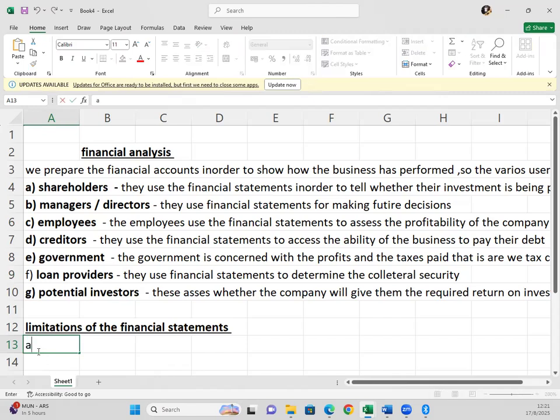So that is the first limitation. It does not indicate non-financial performance measures, such as customer complaints.